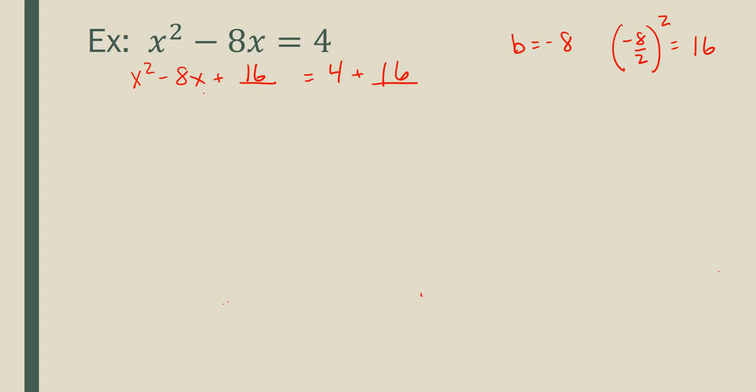On the left, I now have a perfect square trinomial that'll factor to x minus 4 squared. Now it equals 20. Take the square root of both sides. On the right side, I need my plus or minus. The square root of something squared is itself.